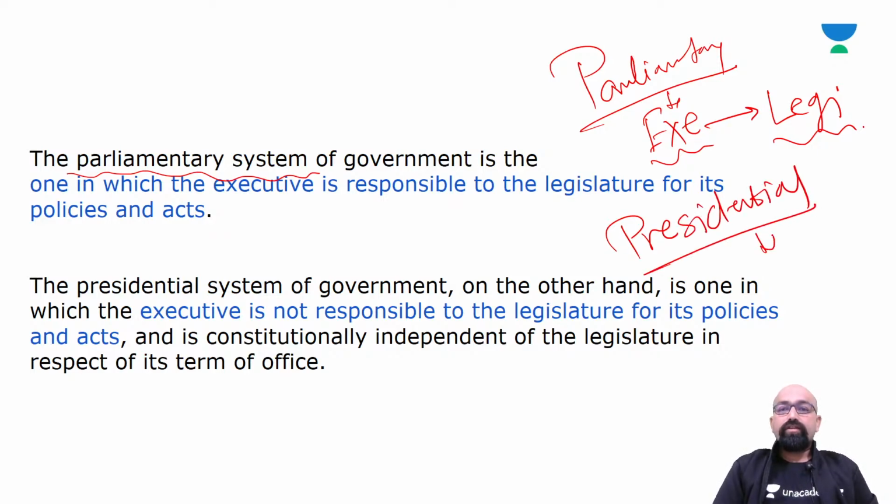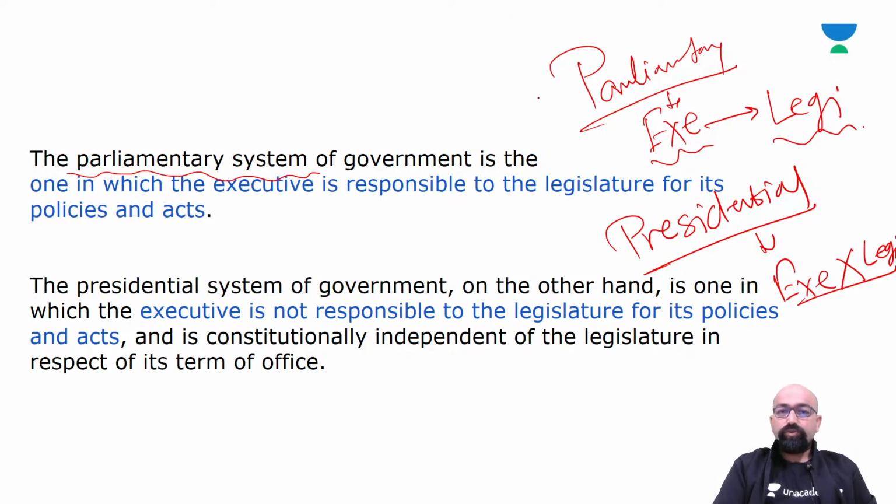In the presidential system of government, the executive is not responsible to the legislature for its policies and acts, which means it is constitutionally independent of the legislature in respect of its term of office.